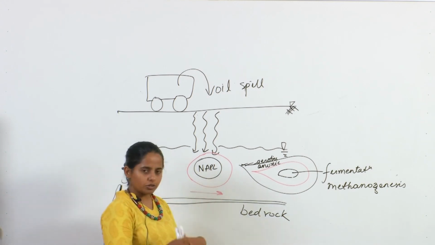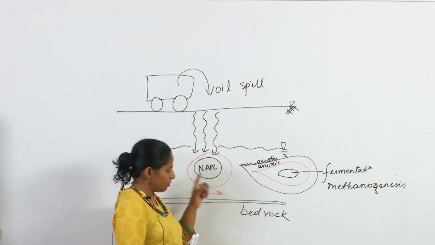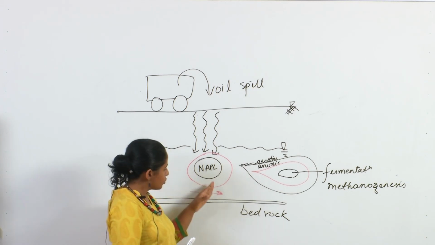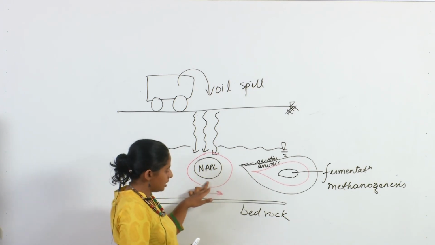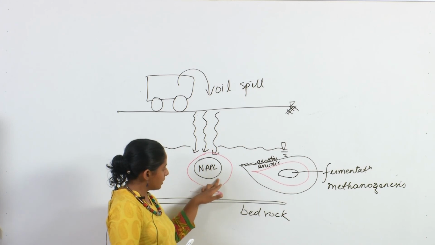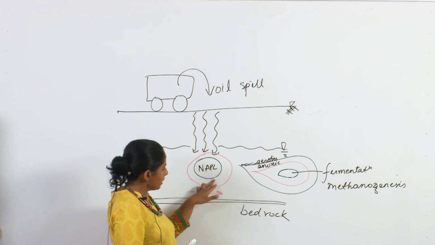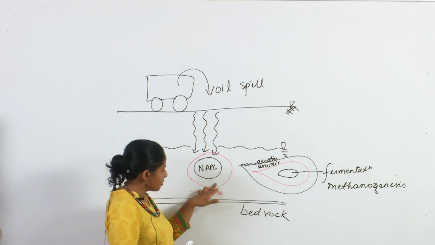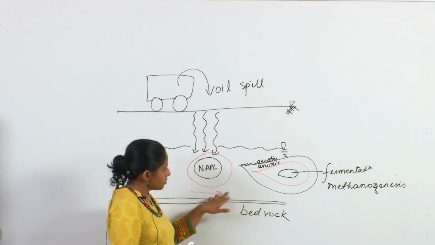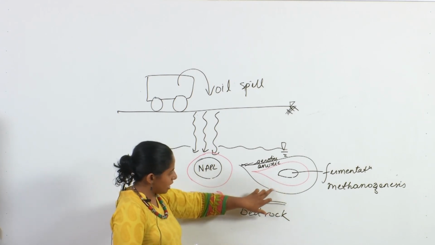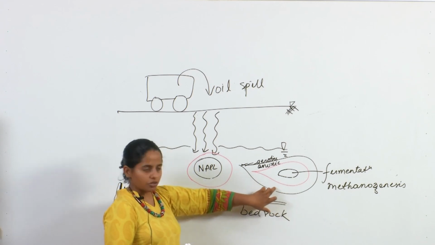and the microbes will consume it right away. They're waiting here. When the dissolution starts, we start consuming. So they will deplete the oxygen here first, near the NAPL, and then eventually when that is consumed and the NAPL has traveled further apart, then here the oxygen will be consumed. Further apart, here the oxygen will be consumed. For now it has reached here, so this is the aerobic layer where oxygen is still left.